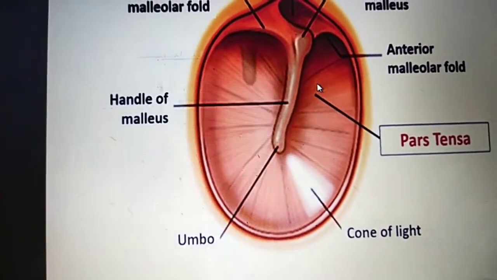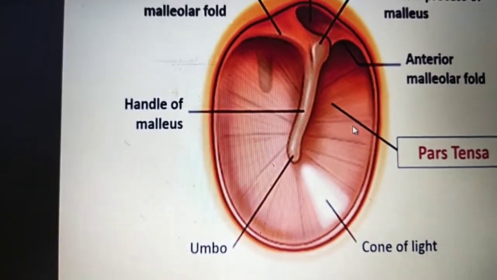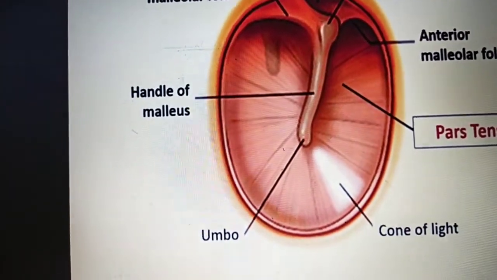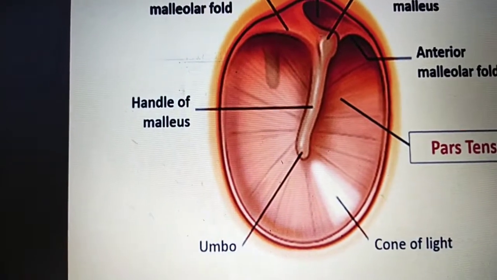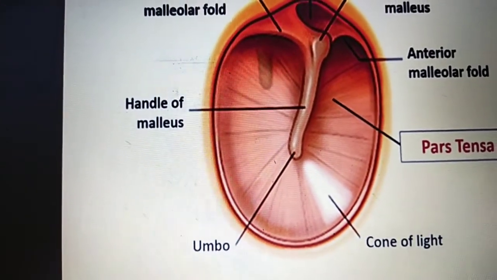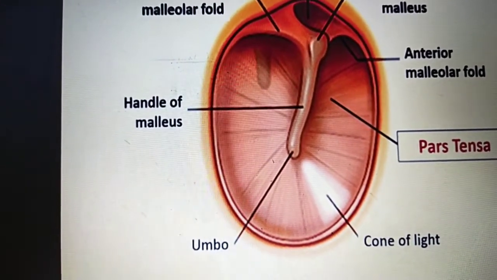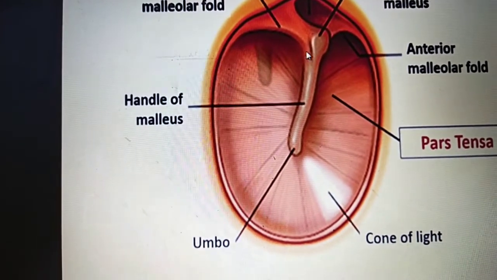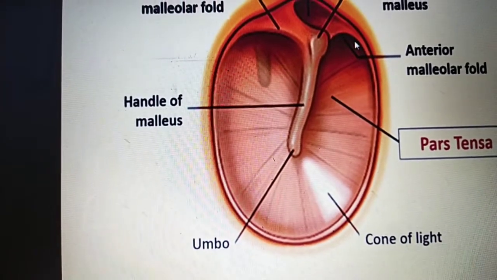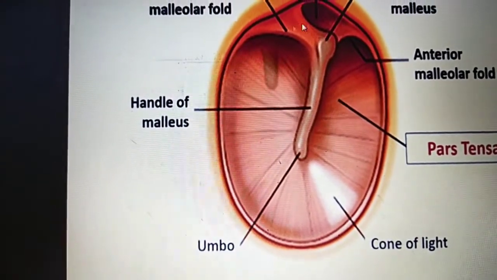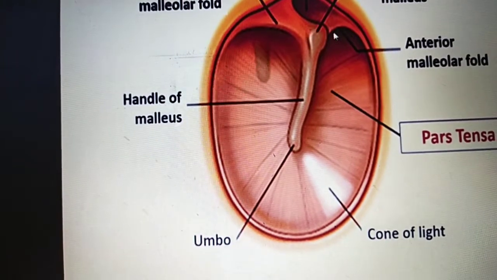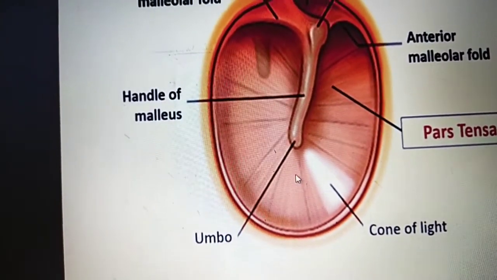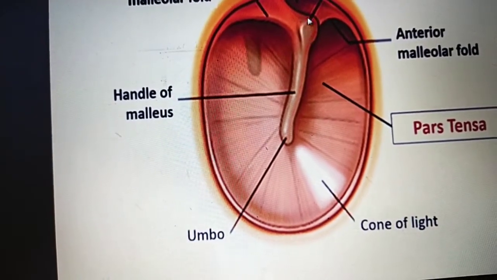In that, the pars tensa is the tense portion of the tympanic membrane, and it is the main portion of the tympanic membrane. It extends from the anterior and posterior malleolar folds to the inferior and lateral parts.